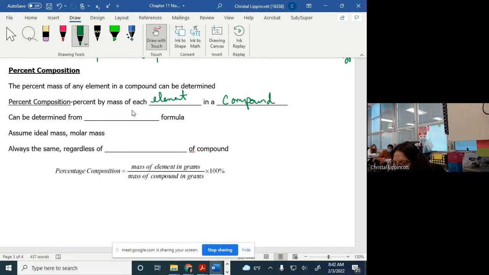It can be determined from the molecular formula. And it's always the same regardless of the sample size of the compound. And it was just part over the whole.